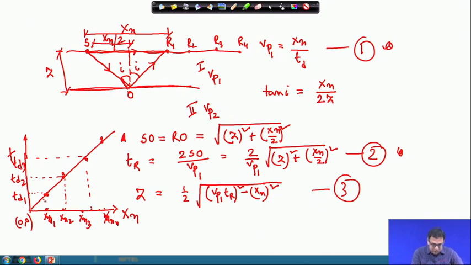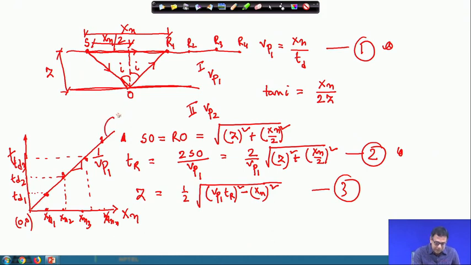Now, once we get this curve, the slope of this curve will give me 1 by Vp 1. So, instead of using a particular geophone data, if we have n number of geophone data, then we draw these points in a graph x versus t, and we will get a straight line.